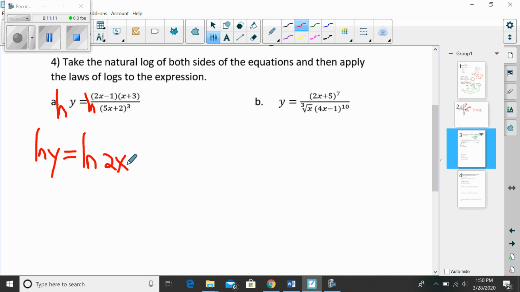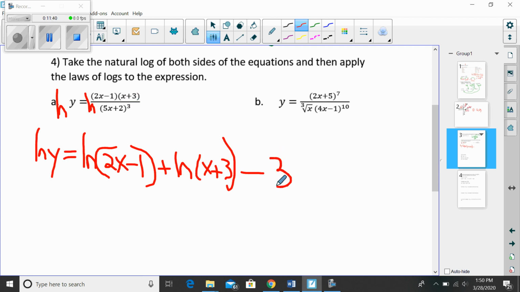I'm going to keep that in parentheses so there's no confusion that I need the natural log of that whole quantity, plus natural log of (x plus 3), minus the natural log of (5x plus 2) cubed, except I should recognize that the power 3 drops in front, and I would get this.